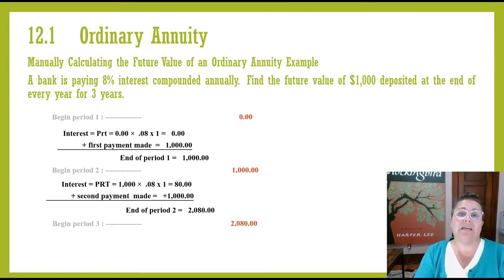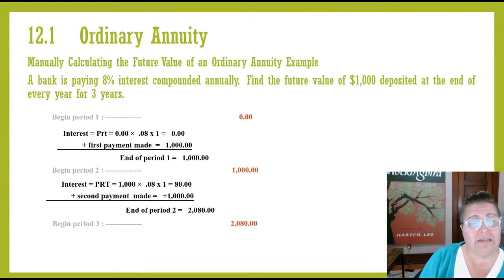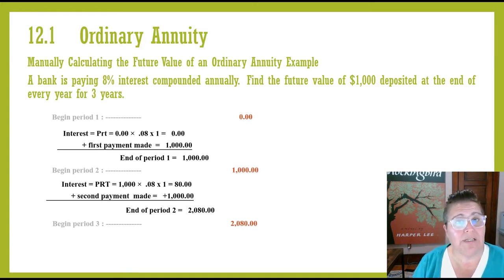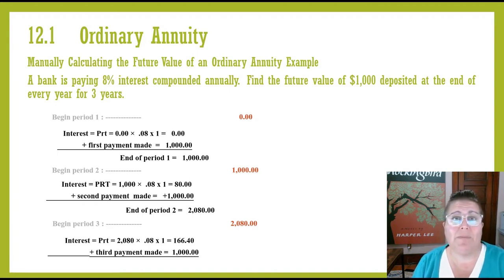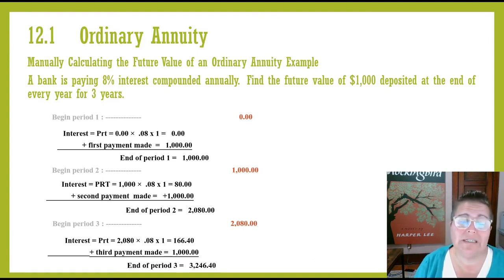That means we can begin the third year with $2,080. That entire year, we're earning 8% interest on that $2,080, which is $166.40. We add that interest back in at the end of year 3, and we also add in another $1,000 payment. This gives us a total of $3,246.40.